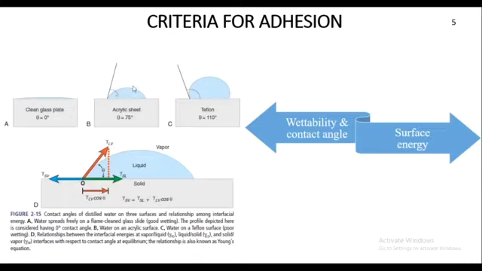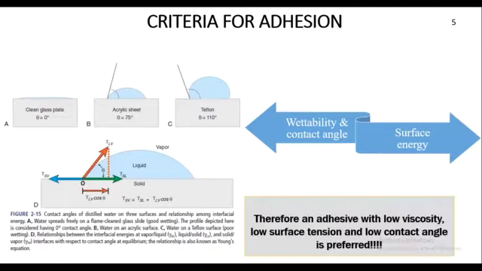Whereas in figure B, the water on the acrylic surface has an angle of 75 degrees, and on the Teflon, you can see an angle of 110. That means the wettability is less. Whereas in figure A, you have the complete wettability, which has a contact angle of 0. So, therefore, an adhesive with a low viscosity and low surface energy as well as low contact angle is always preferred.